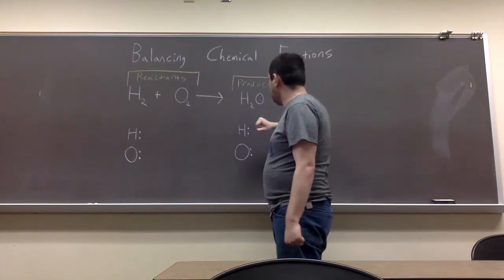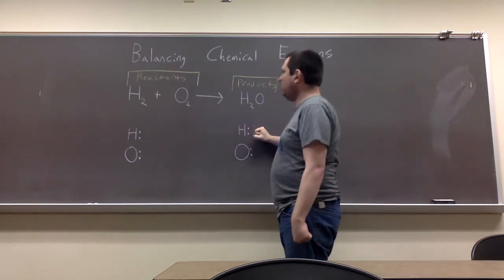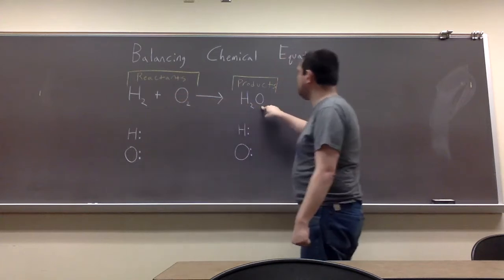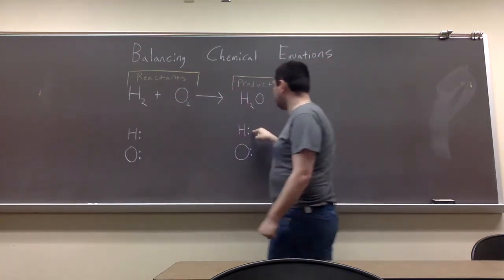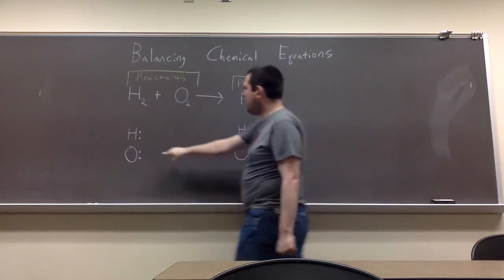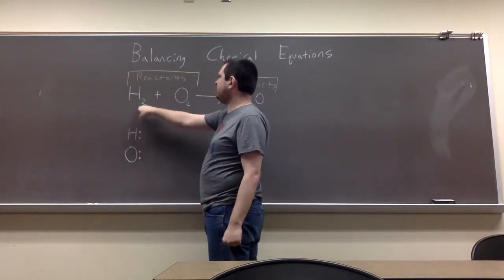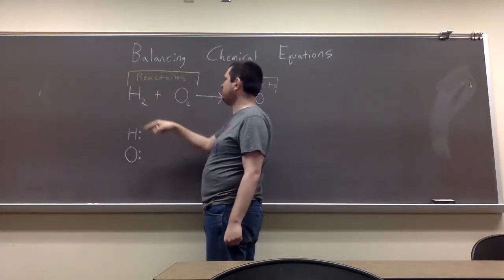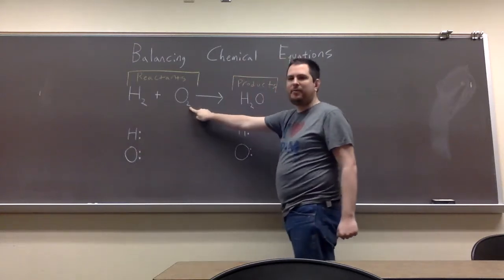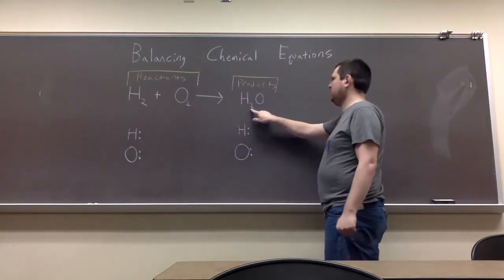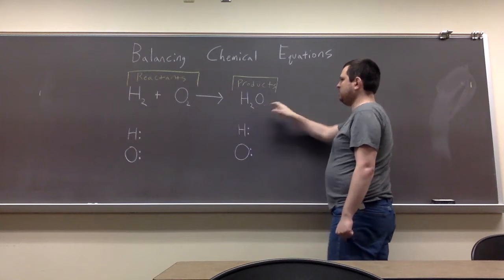Now, the whole goal of this entire balancing is to get the two hydrogen numbers the same and the two oxygen numbers the same. So let's fill out our hydrogen and oxygen numbers first. You remember that these numbers tell you how many atoms of each element you have.